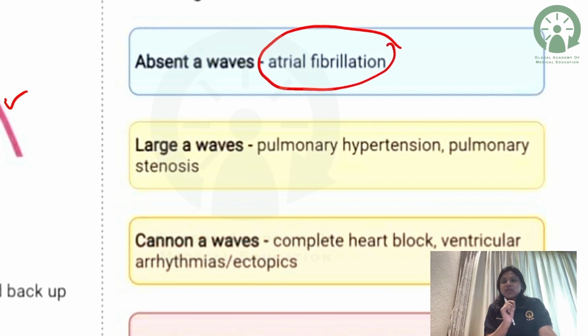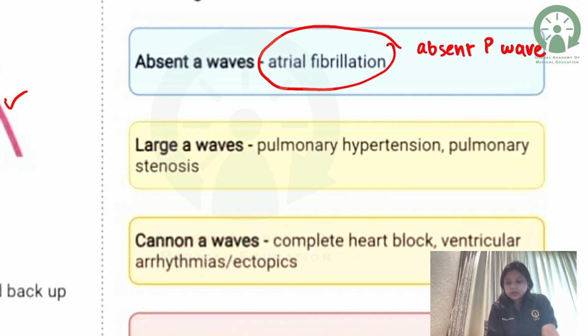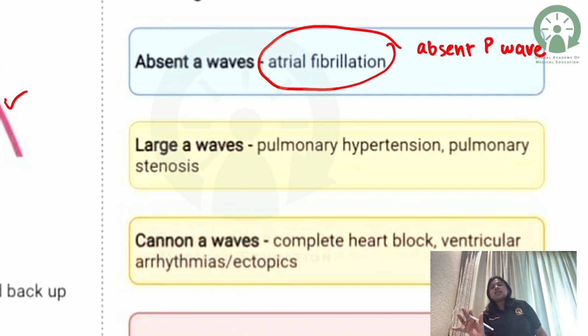So what you're going to get in ECG in a child presenting with atrial fibrillation, that is absent P wave. So in a child with atrial fibrillation, we are going to get absent A waves in JVP and absent P waves in ECG.